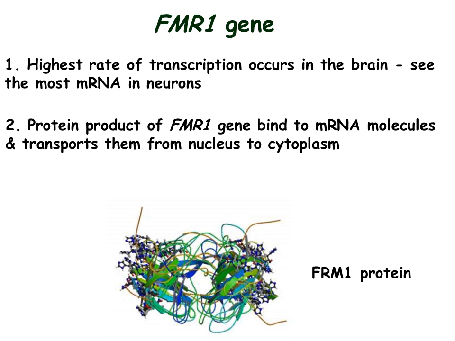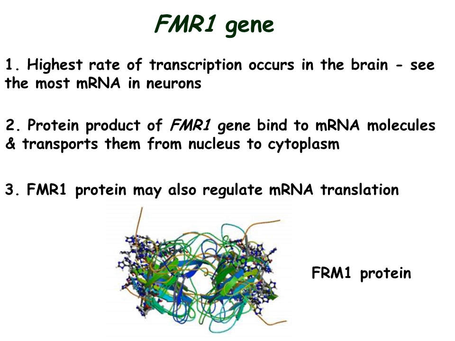Well, it turns out the protein product of the FMR1 gene binds to messenger RNA molecules and helps to transport them from the nucleus to the cytoplasm, where they can then associate with a ribosome and have the protein made. And also in the cytoplasm, this protein may also help to regulate messenger RNA translation. So it could bind to the ribosome or do something like that. We're still working on it.